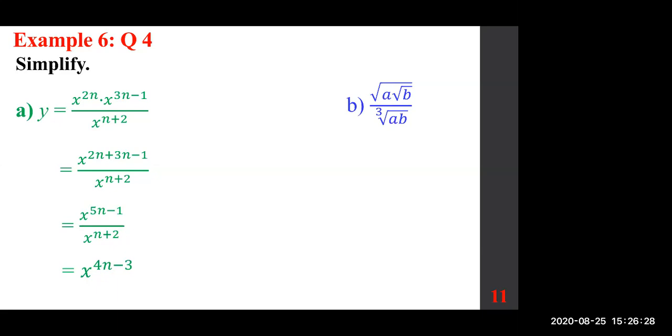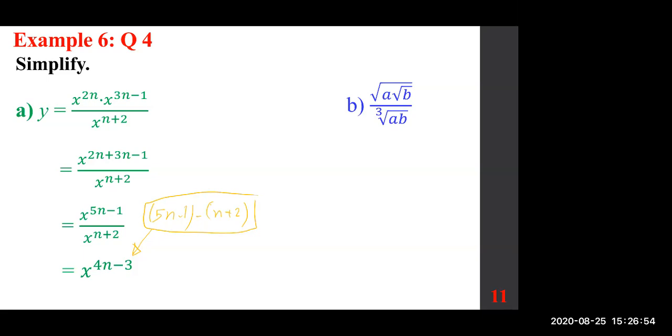So 5n minus 1, subtract from it n plus 2, and this gives us the new exponent 4n minus 3.